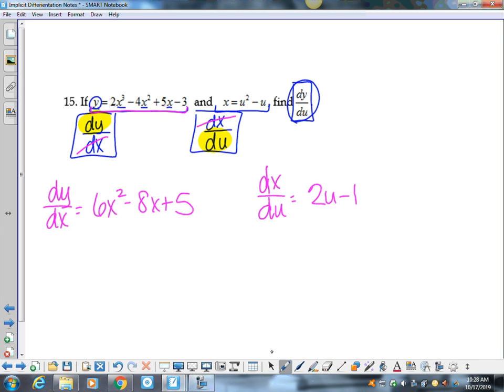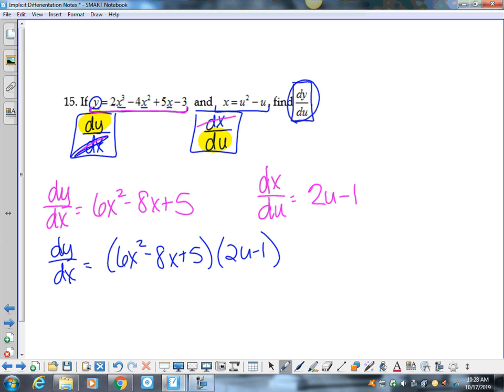Now I'm going to multiply these two things together so that I get dy dx, or not dy dx, dy du, because my dx's are going to cancel. Okay, but then here's the problem.